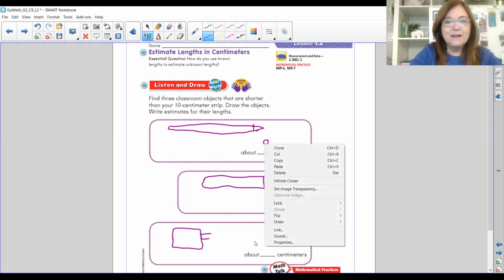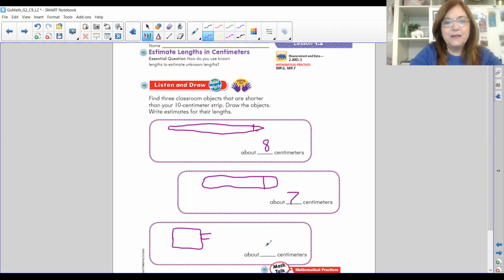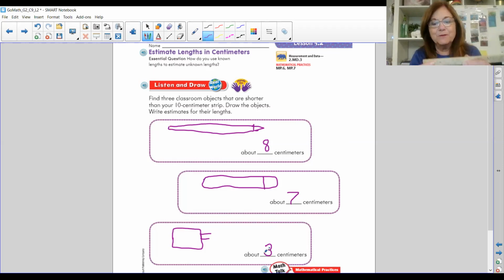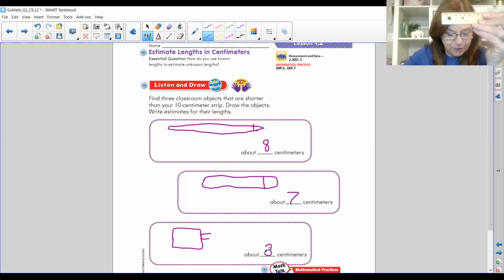So, okay, I said 3. Let's put a little 3 here. Okay, so those are my guesses. Now I could take my centimeter ruler and we could check them out. Let's see here. This is about, starting right there. Hey, that one is just about 3.